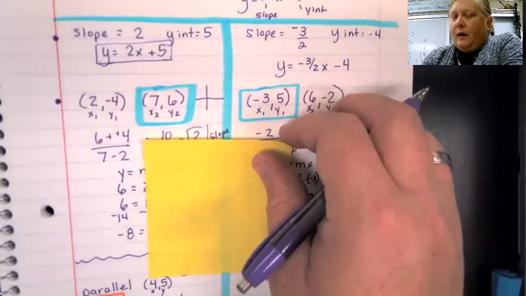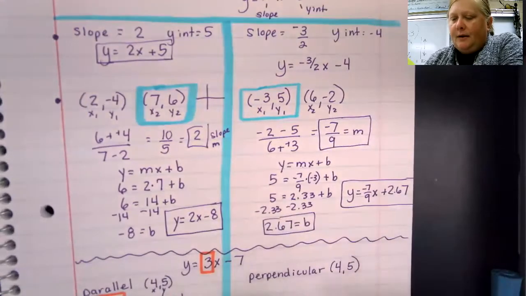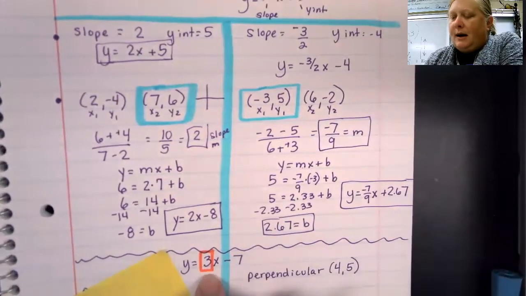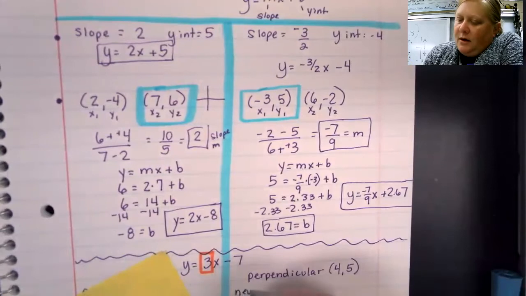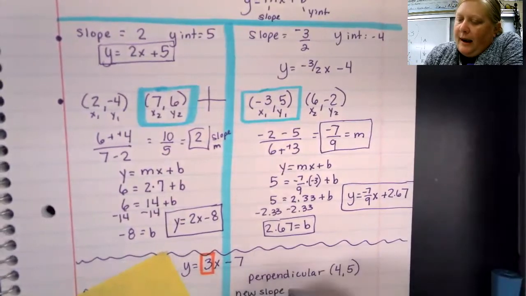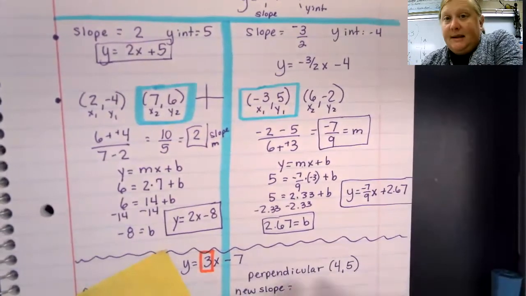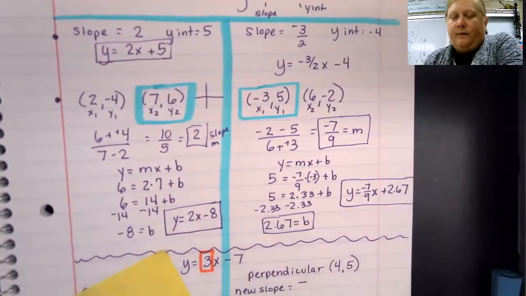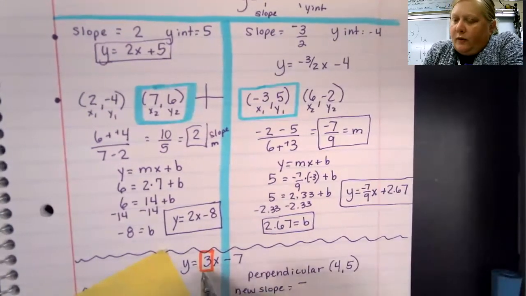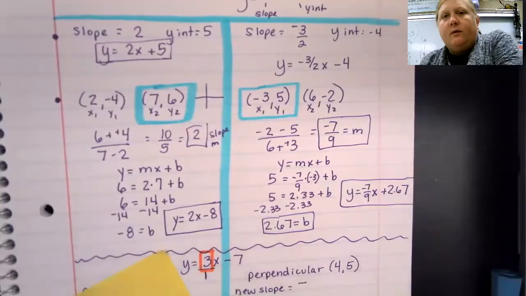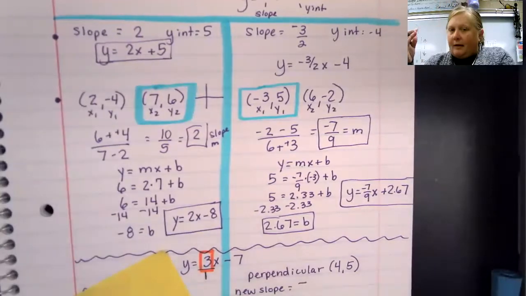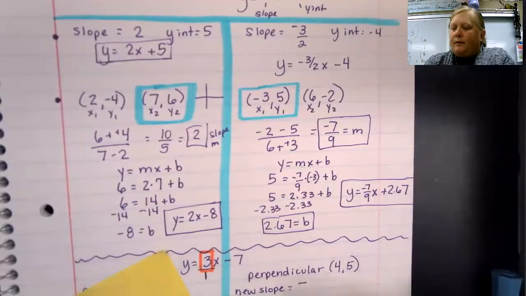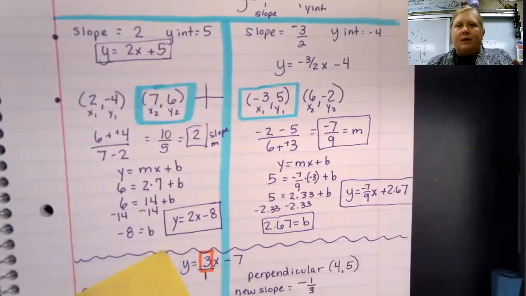Okay, now if I want to do perpendicular, that's a little bit different. That is the negative reciprocal. So let's go back to my slope. My slope is 3, right? Well, my new slope, right away, if this is positive, this needs to be negative. And what is this number over? Well, friends, it's always over 1, right? So flip that. What does 3 over 1 become? Well, that's easy. Becomes 1/3. That's my new slope. Okay?